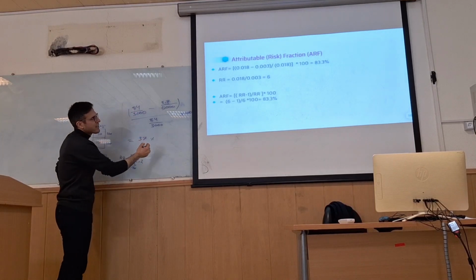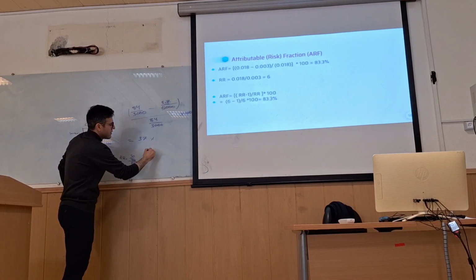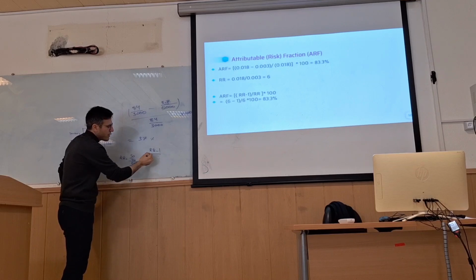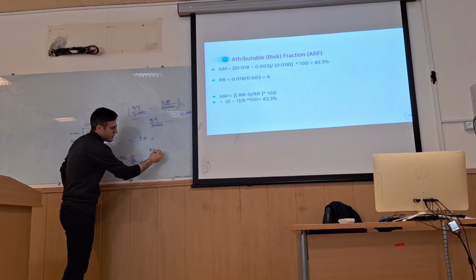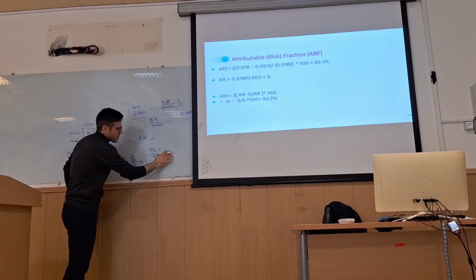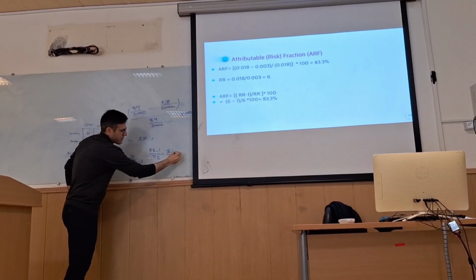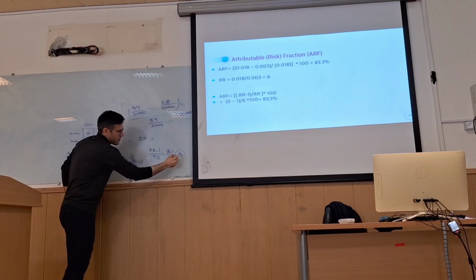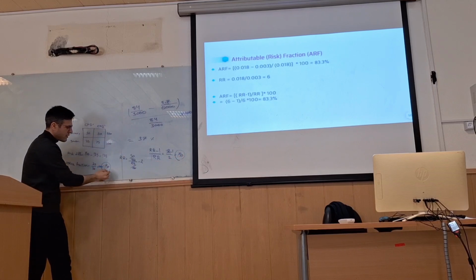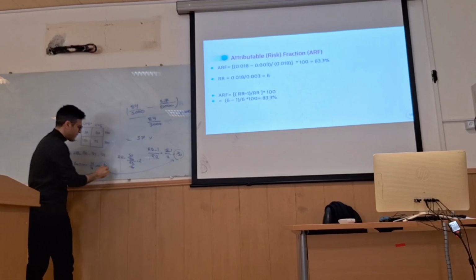Second, relative risk minus 1 divided by relative risk.